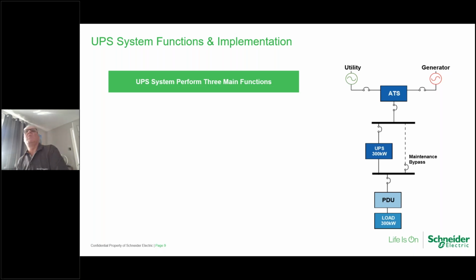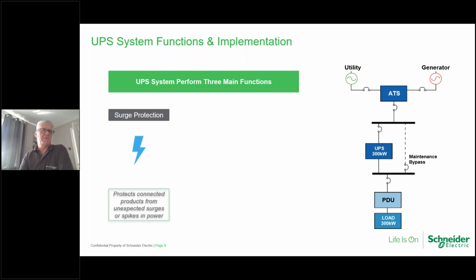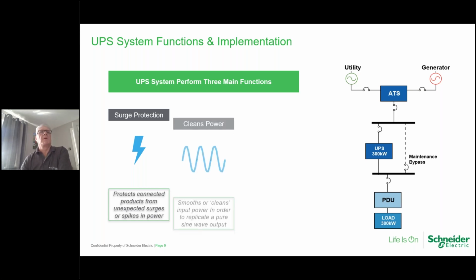If we look at a typical UPS system, it has 3 main functions. Surge protection. So if we have a spike or a surge of power from the utility side down through our system, the UPS should be able to take account of a majority of that surge event.